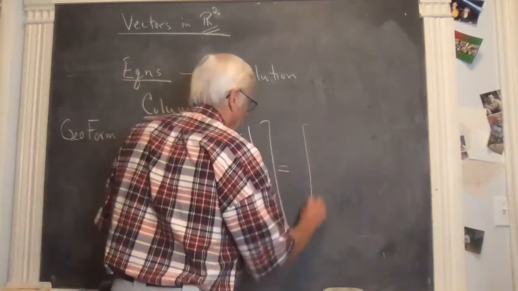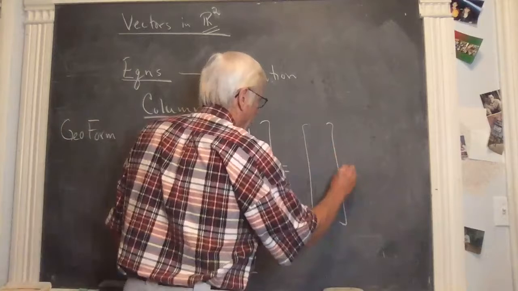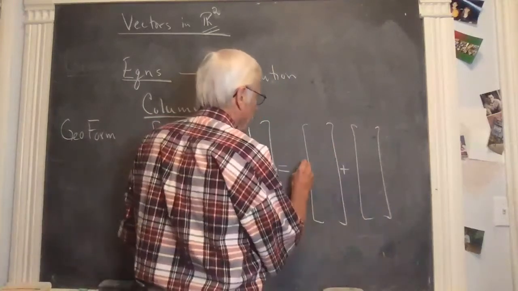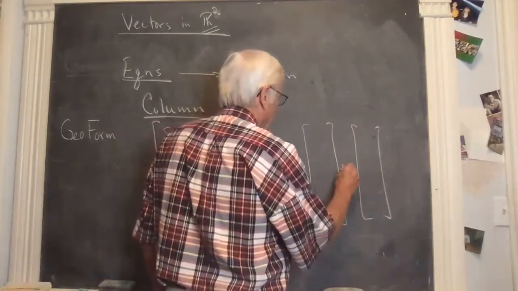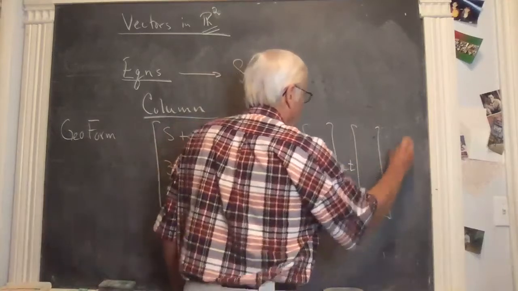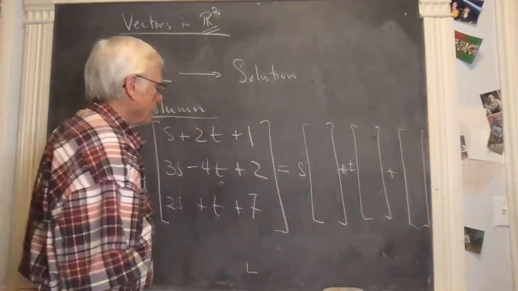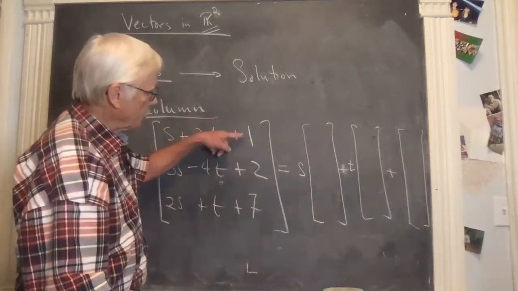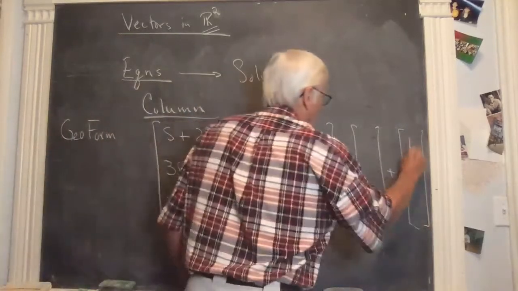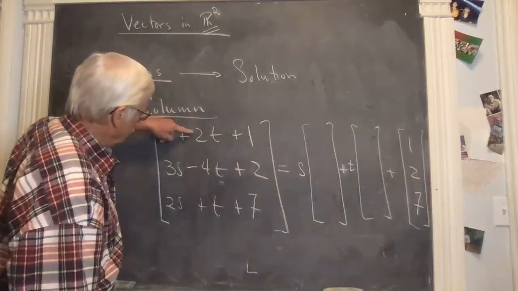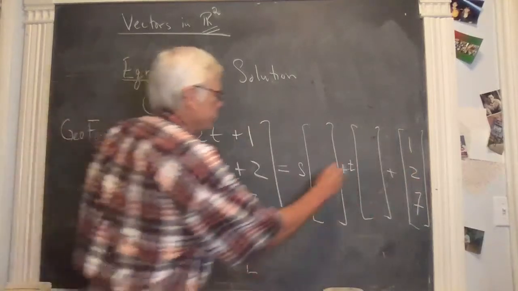We'll write it as an s part plus a t part. So it'll be s times this vector plus t times this vector plus a constant part. And in this case, the constant part is 1, 2, 7. The t part is 2, minus 4, 1.